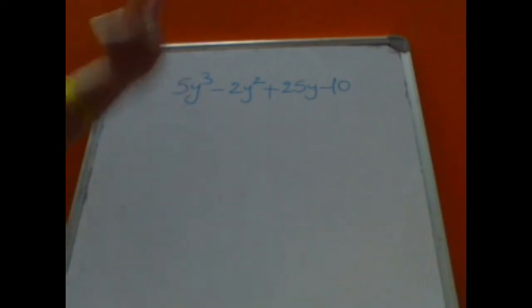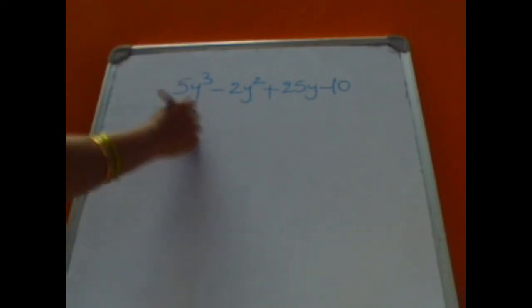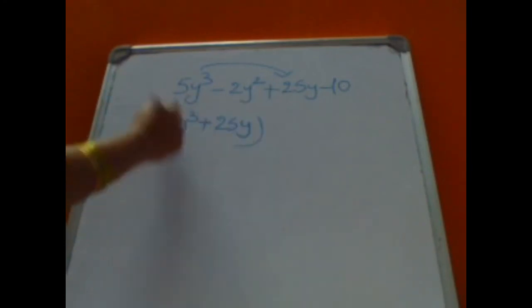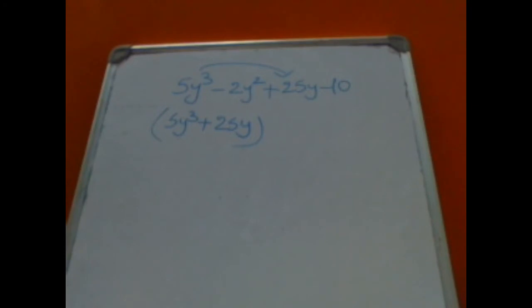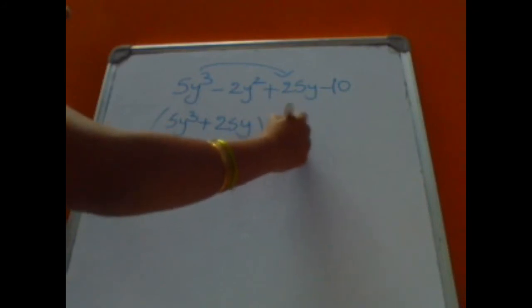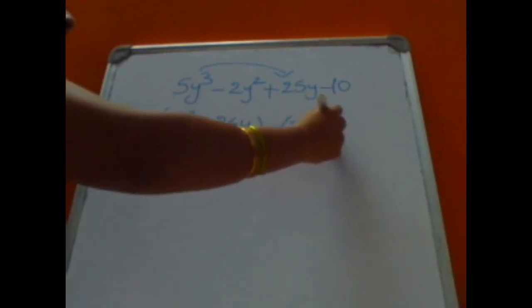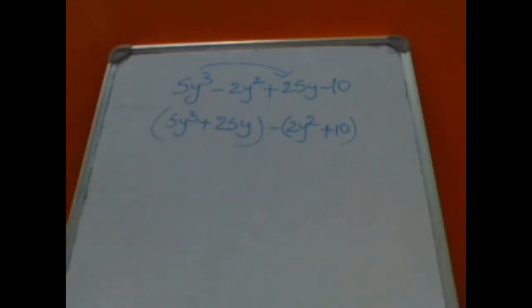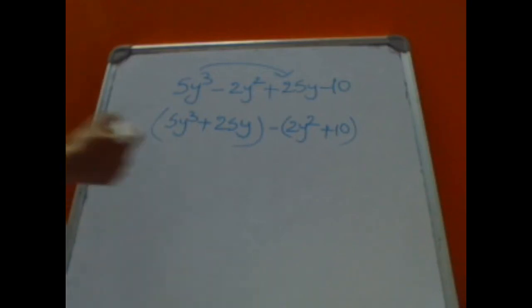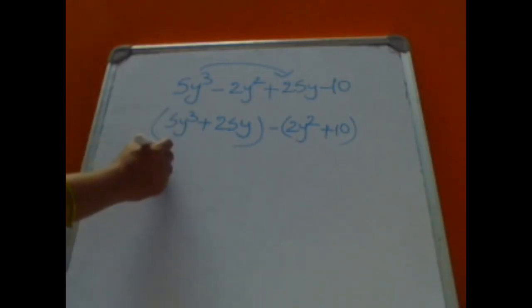So now let us group 5y cube and 25y. Then you have minus 2y square plus 10 as one group. For 5y cube and 25y, we can take the highest common factor as 5y.